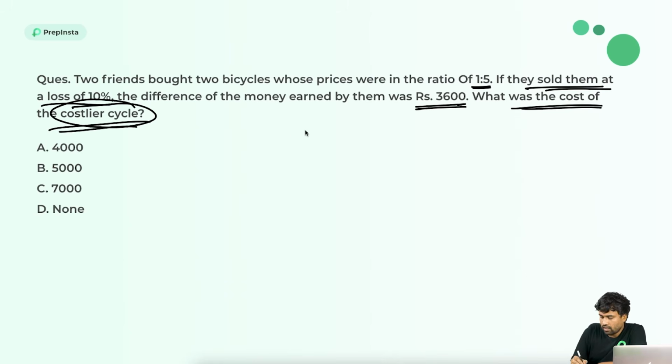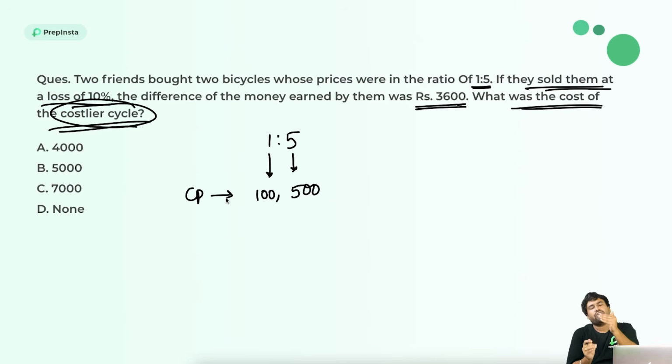The ratio is given as 1:5, right? So assume 100 rupees and 500 rupees is the cost price of the cycles. Whatever ratio they have given, just convert it into hundreds and start solving the problem. At the end, we will do comparison and cross multiplication. Let's see how it will be.